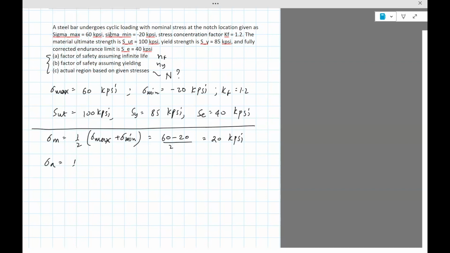Sigma a nominal is half of sigma max minus sigma min, with the absolute sign. So 60 plus 20 is 80, divided by 2 is 40 kpsi.